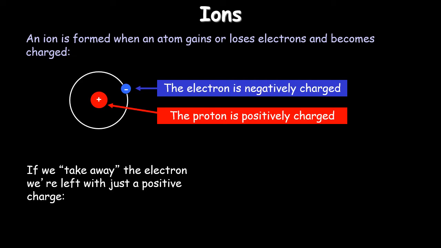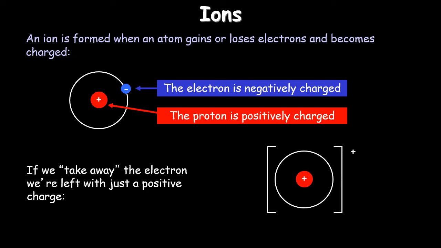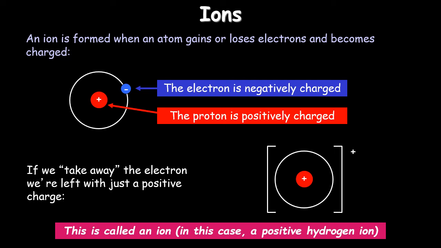In this case, the atom becomes positively charged. So if you lose a negative charge, you become positive. In this particular case, since we only had one proton and one electron to begin with, this was actually a hydrogen atom. So if we take away that electron, we're going to end up with a positively charged hydrogen ion.